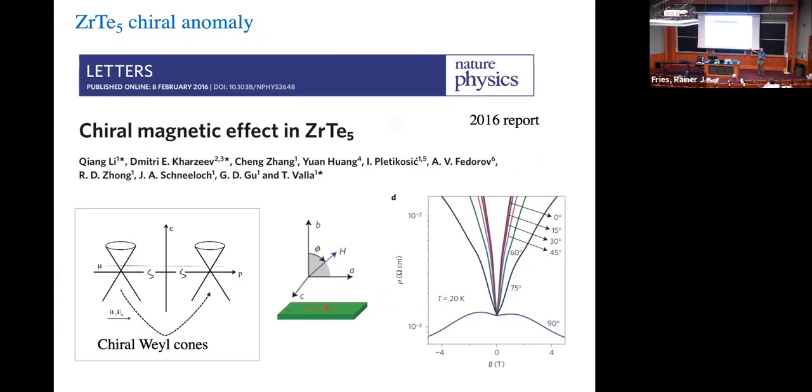RHIC, and several groups at RHIC, actually had a result at about the same time showing a generation of something similar in heavy particle collisions. In the case of zirconium telluride or a Dirac semimetal, it's actually a transfer of carriers between different chiral modes in two Weyl cones. So that's this behavior.